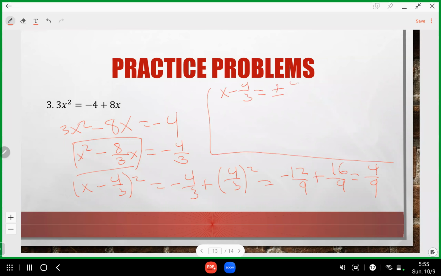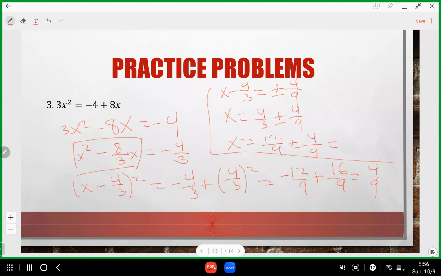Plus or minus 4 over 9, right? Then our next step is to move it to the other side. So x is equal to 12 over 9 plus or minus 4 over 9.